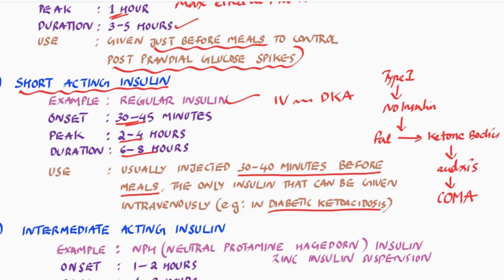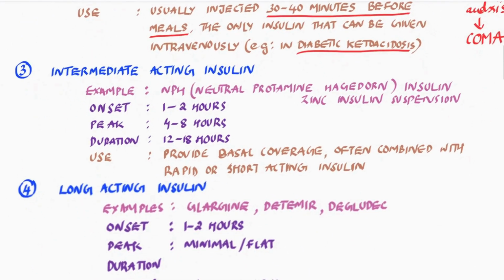So if you inject insulin subcutaneously, it won't get absorbed properly or quickly. But with IV regular insulin, the effect is immediate and more precise. That means it helps glucose enter the cells, stops ketone production, and reverses acidosis rapidly. That's why in DKA, regular insulin IV is life-saving.